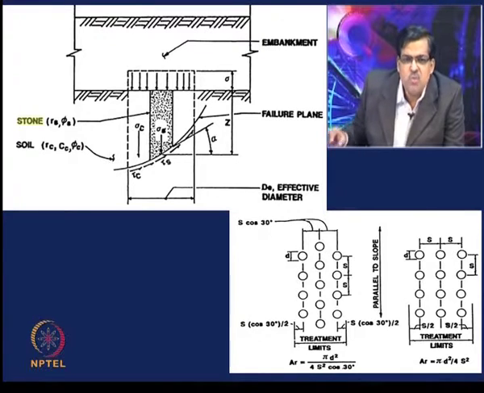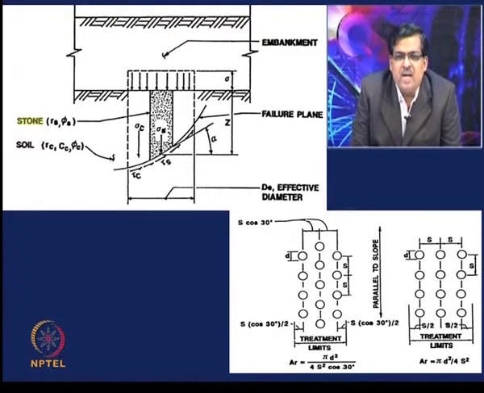The other approach which we are going to discuss is called the average shear strength approach, which is popular. Once we get the average shear strength parameters based on the type of layout adopted for improving the stability of a slope, those average shear strength parameters can be used, and conventional slope stability analysis can be performed to get the effect of the stone columns on the slope stability.